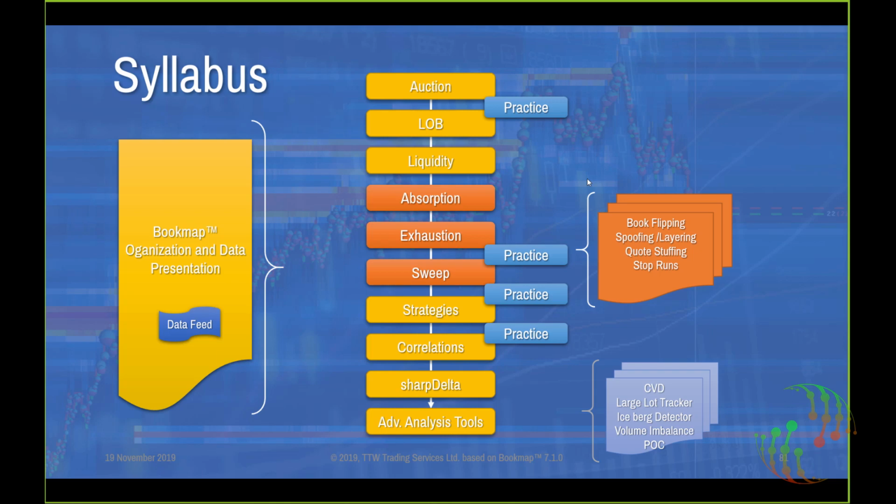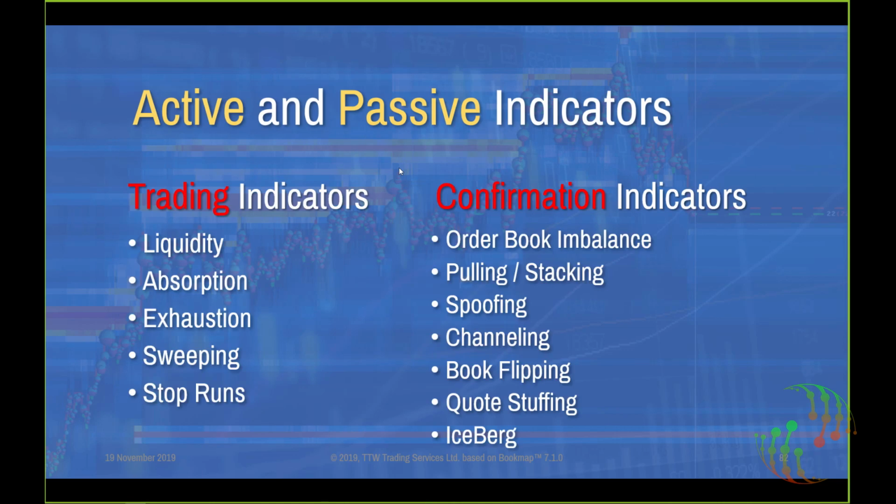characteristics of the market. I see active and passive indicators on the Bookmap chart every day. By active indicators, I don't mean classical technical indicators like moving averages, RSIs, CCIs, and so on.